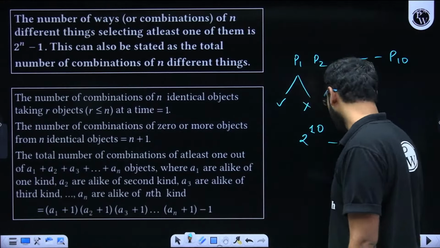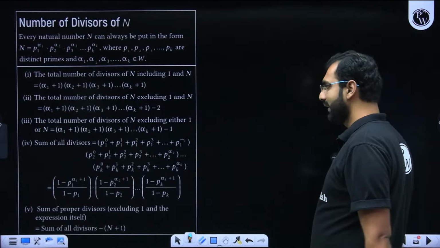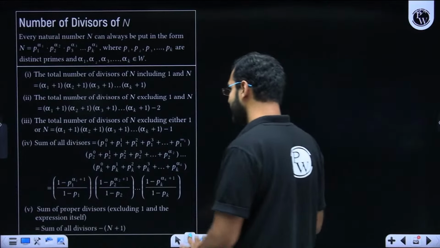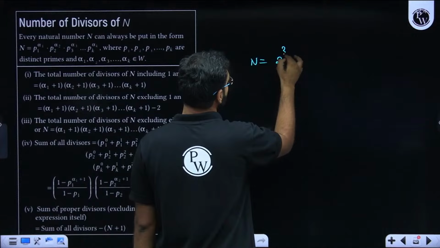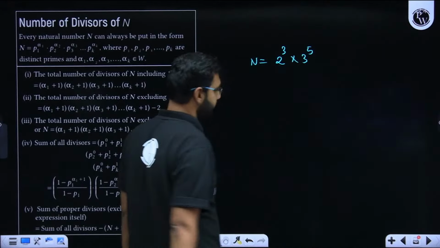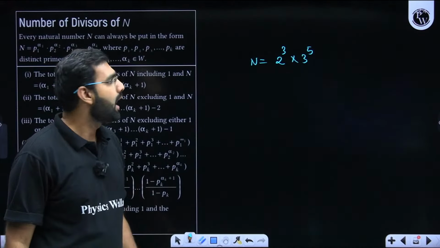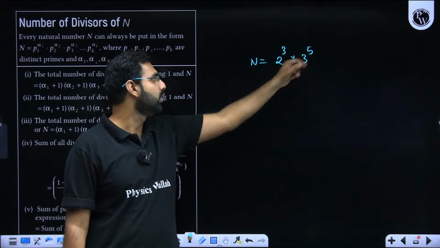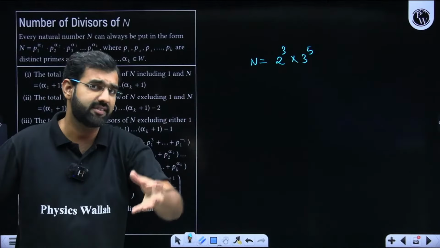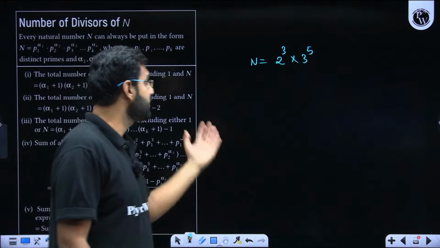Any confusion on that? Similarly, when I go ahead, number of divisors, you remember that. That's a very basic formula. Let's say there is a number n which is given by 2 cube into 3 to the power 5. If somebody asks you how many factors this number n, which is 8 into 3 to the power 5, has, how many numbers are there which can divide this number.